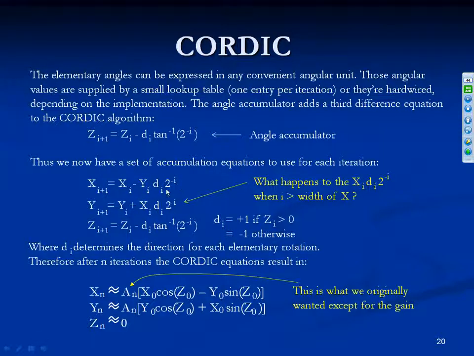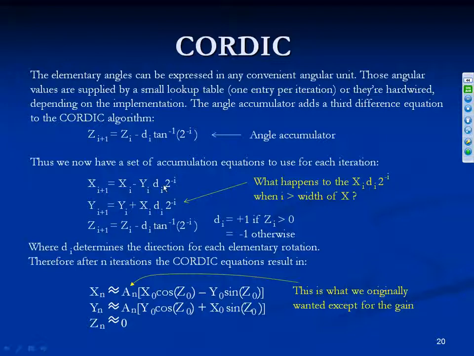So the whole thing boils down to a shift of y sub I, and this term turns out to be a shift of x sub I. So now what happens to either one of these terms, x sub I, d sub I, 2 to the minus I, when I is greater than the width of x or y?